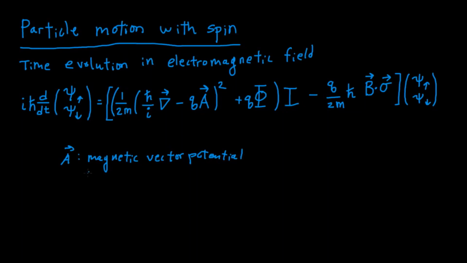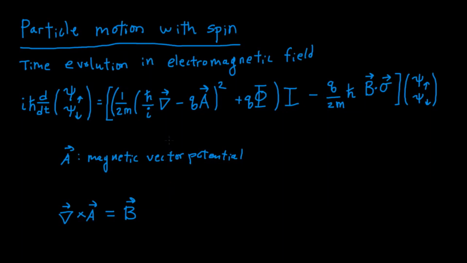And what defines A is that the curl of A, so del cross A, is equal to the magnetic field B. So this is what I mean when I say that A is the magnetic vector potential. It satisfies this equation. If you've never seen this before, don't worry about it too much. But basically the magnetic field has something that acts as its potential, but the potential isn't a scalar function, it's a vector, and that's what A is.